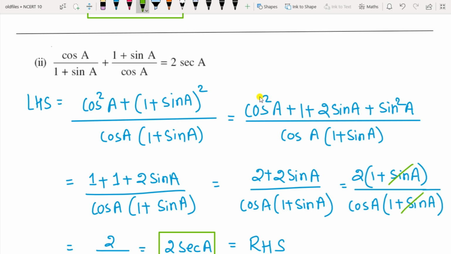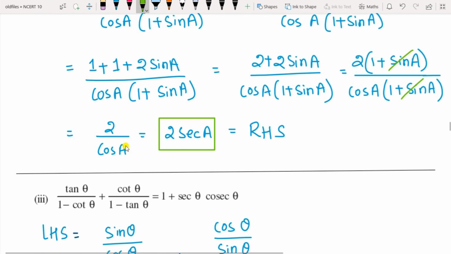Now consider these two terms, cos square A and sin square A. That is sin square A plus cos square A is 1, plus 1 plus 2 sin A upon the denominator. So 1 plus 1 is 2 here, and take out 2 common, so it will be 1 plus sin A, which is in the numerator and denominator both, it will get cancelled. So it will be 2 upon cos A, which is equal to 2 sec A. That is, 1 upon cos A is sec A. That is your RHS. Hence proved.